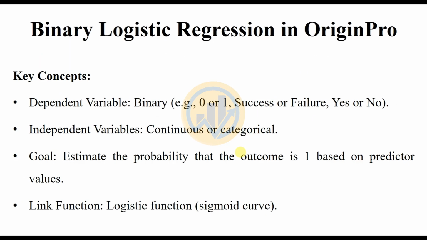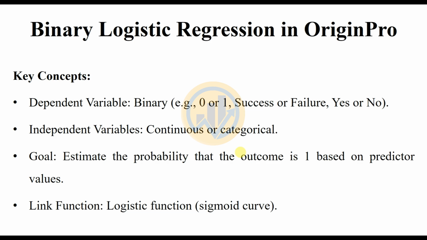Key concepts: the dependent variable is binary, for example 0 or 1, success or failure, and yes or no. The independent variable is continuous or categorical. The goal is to estimate the probability that the outcome is 1 based on the predictor value. The link function is the logistic function.